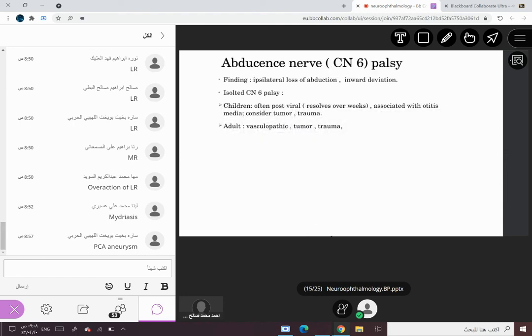Okay, so in isolated sixth cranial nerve palsy, children most often have a post-viral cause and it usually resolves over weeks.